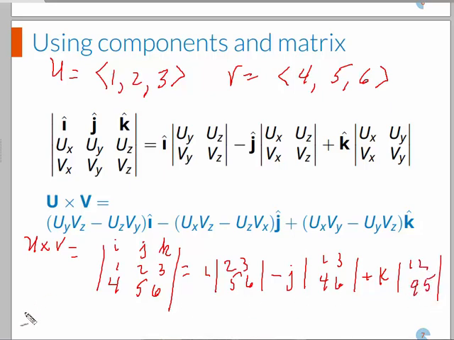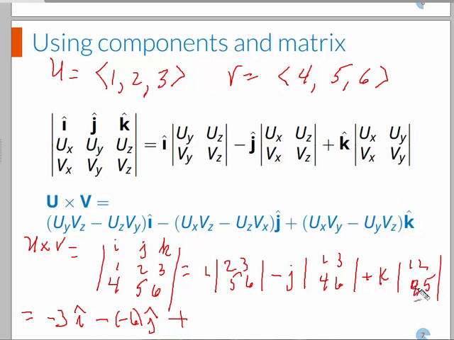I'm going to just take the determinants here. I would have 12 minus 15, negative 3i. Okay, 6 minus 12 gives me negative 6 here for the j. I'm going to leave it like that for a minute, although I will resolve those two negative signs. And then we have a 4, right?